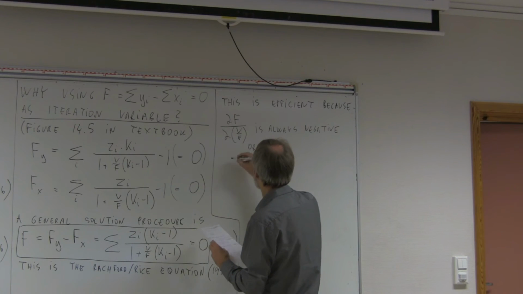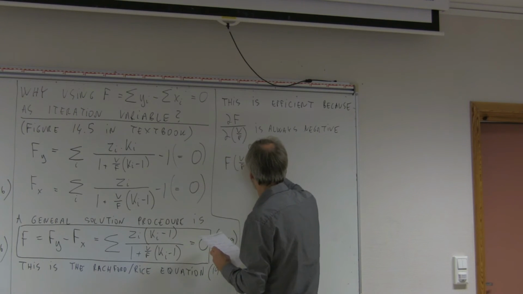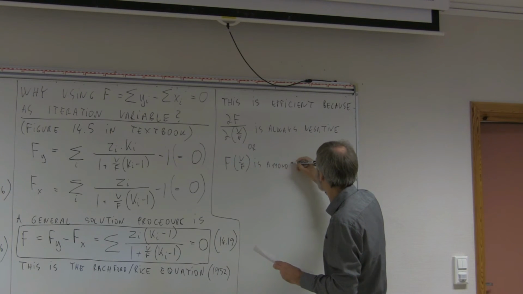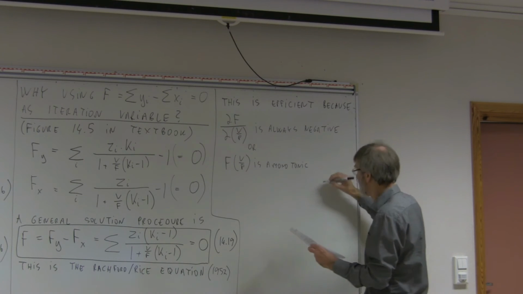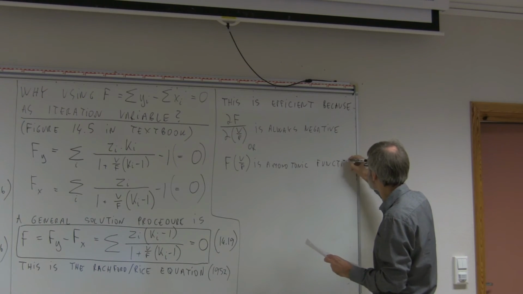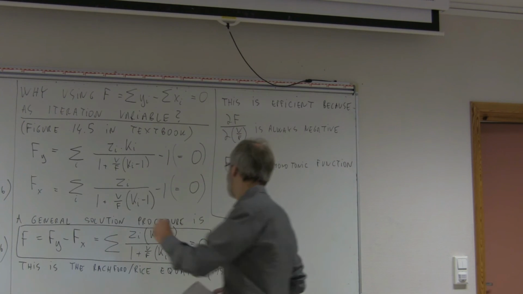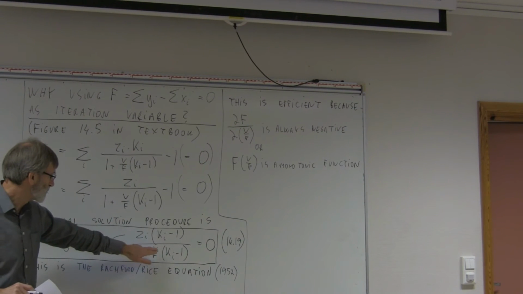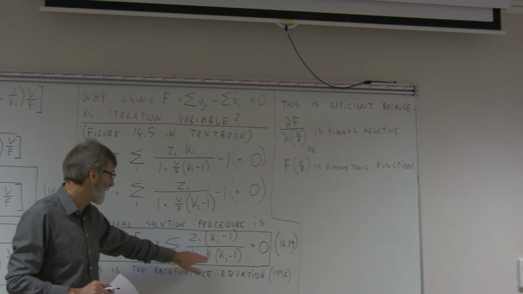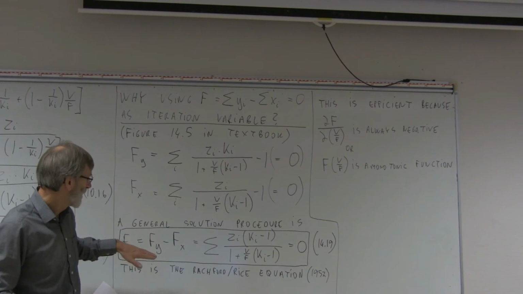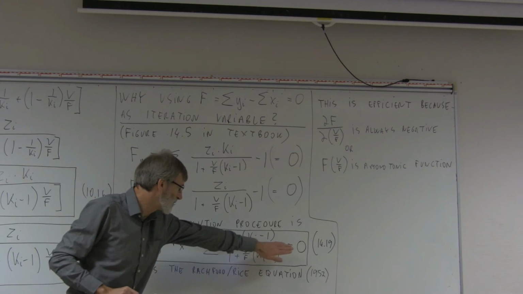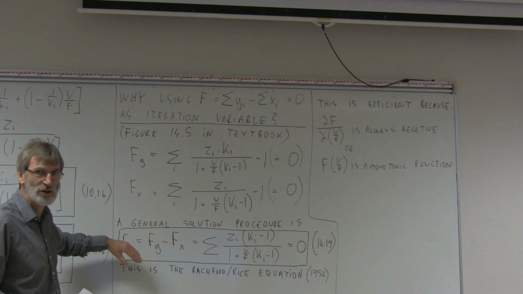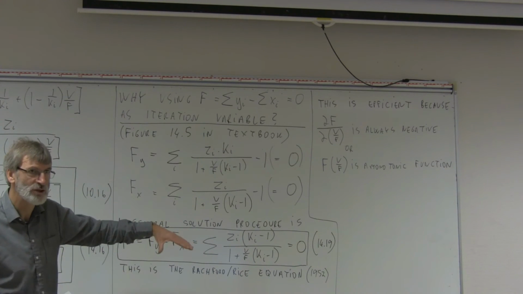Or f of V over F is a monotonic function. That is, if we change the vapor to feed ratio, then we know that this function is a monotonic function, so that we will always get a solution to this.